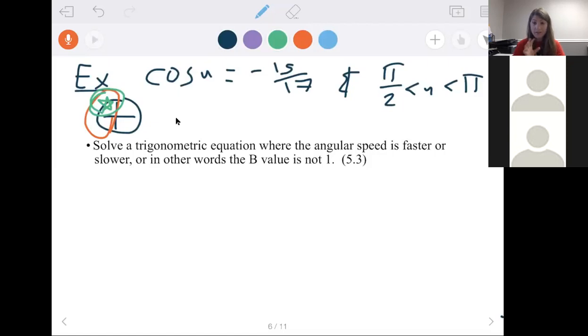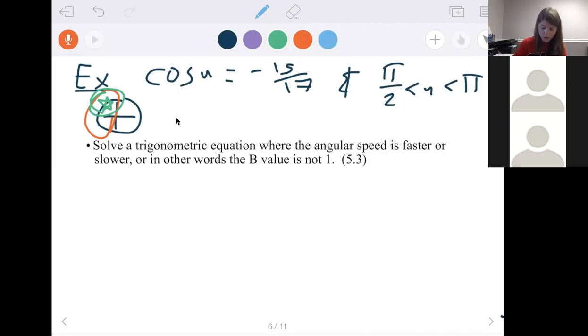Now, in this particular case, you have a couple of options. If I were working this one, I might say, hey, if I know how to find cosine, I can find sine. If I know sine, I know tangent. But that's going to tell me sine of u and tangent of u.